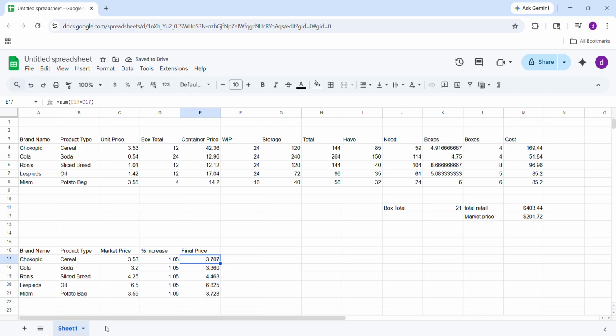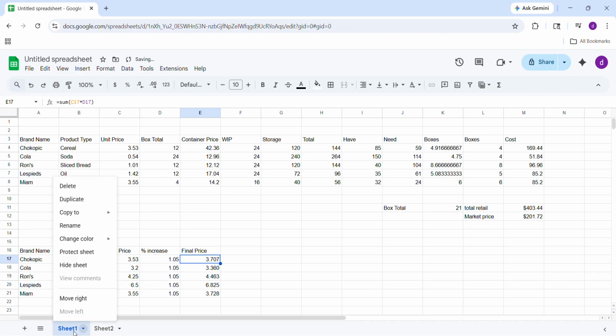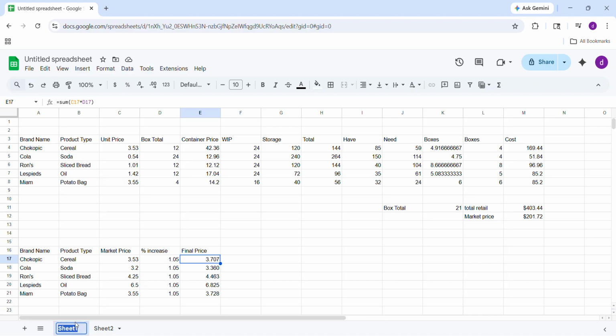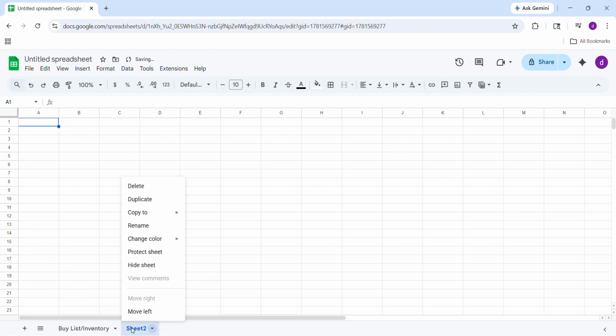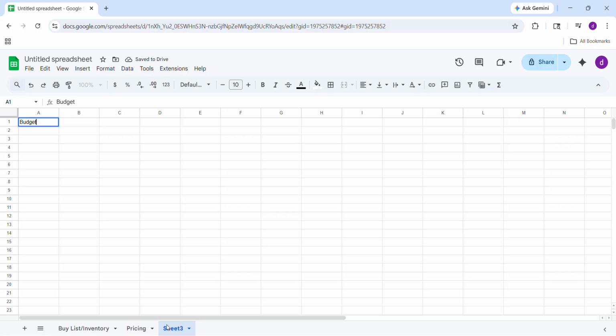So this would be like your second tab. Your first tab would be renamed, we'll just say buy list/inventory. Next one, rename it to pricing. And let's do one more: budget.